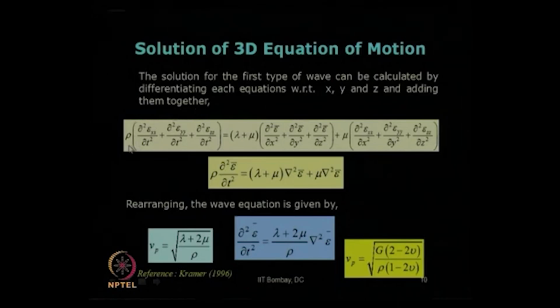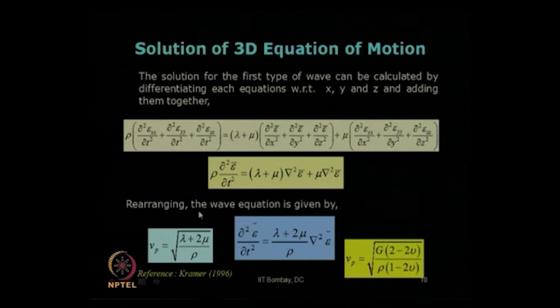By doing so, what we finally get is rho times del square epsilon xx by del t square plus del square epsilon yy by del t square plus del square epsilon zz by del t square, which will take the form lambda plus mu times this summation plus mu times this one. On further simplification, this is nothing but mu times the Laplacian operator, grad square times epsilon bar, because epsilon xx plus epsilon yy plus epsilon zz is nothing but epsilon bar, that is the volumetric strain.